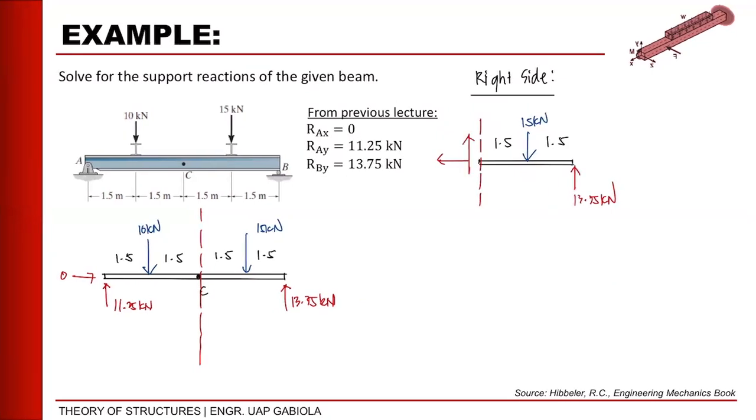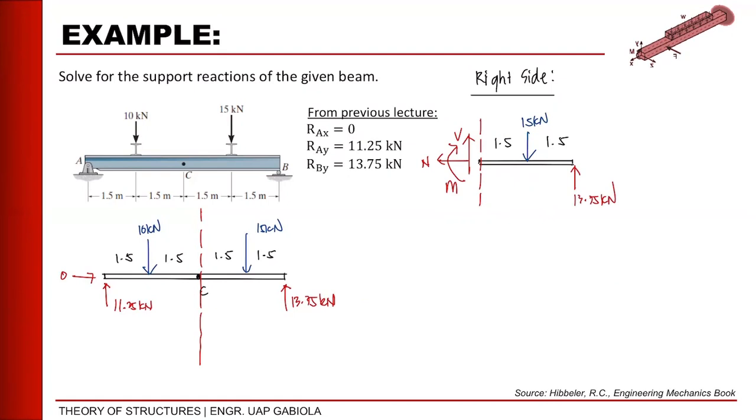Okay? So, ito yung N natin, ito yung V. And then kailangan, dun sa moment, i-bend niya doon sa direction na yon. So, kailangan, yung ating moment is pag ganyan. Okay? Yan na yung bago nating free body diagram for the right side.